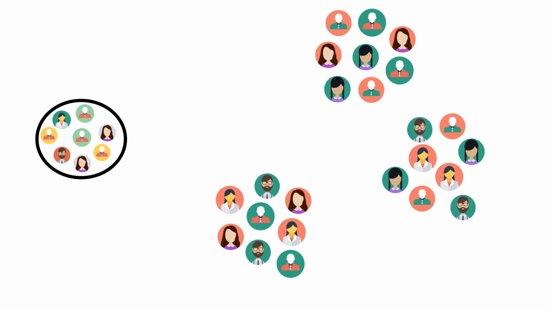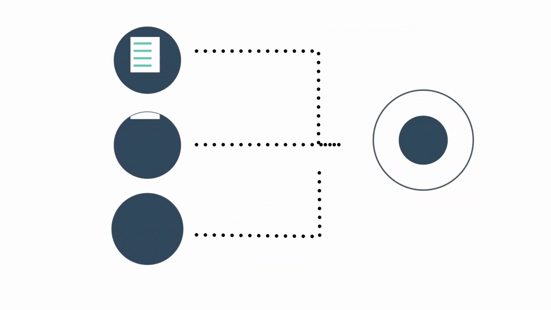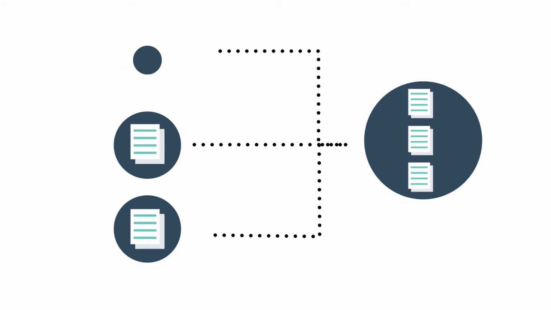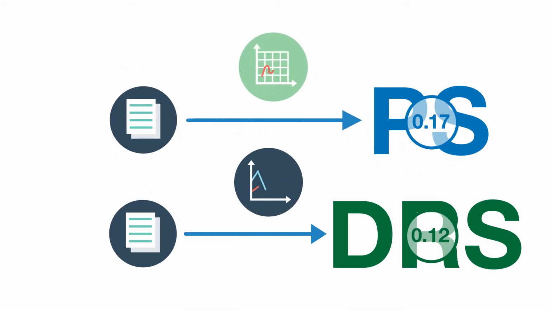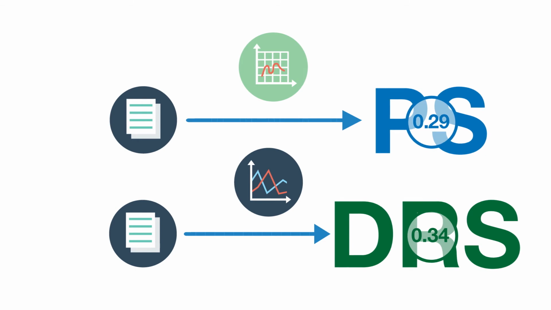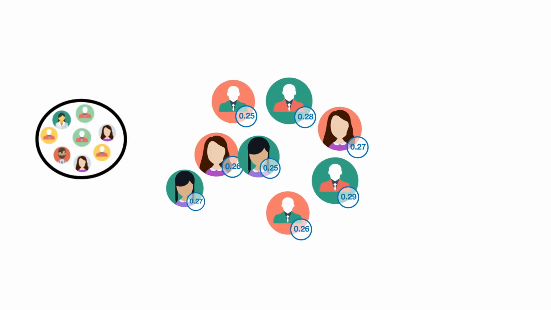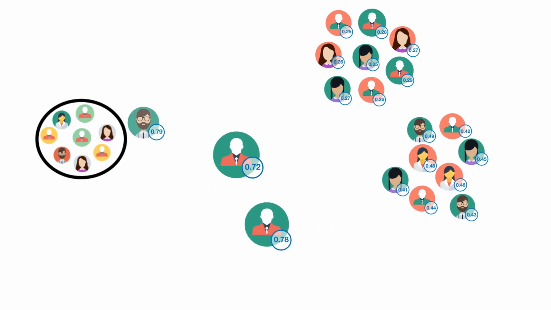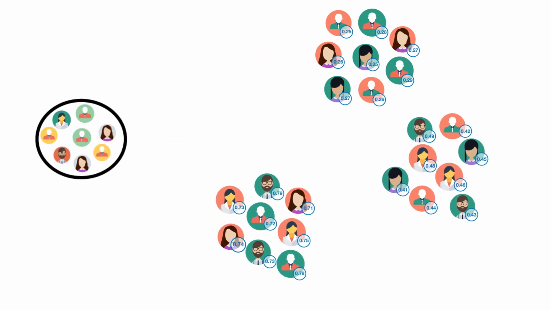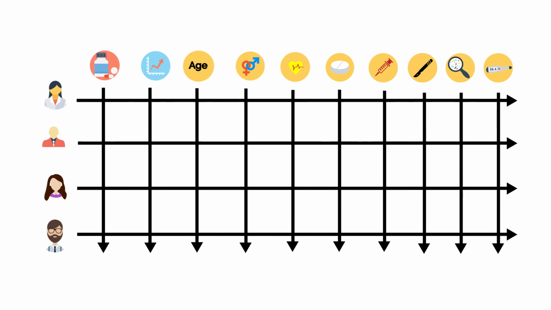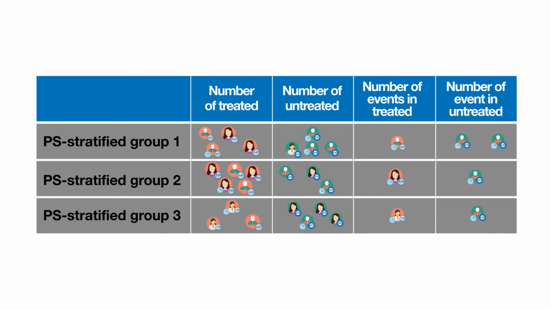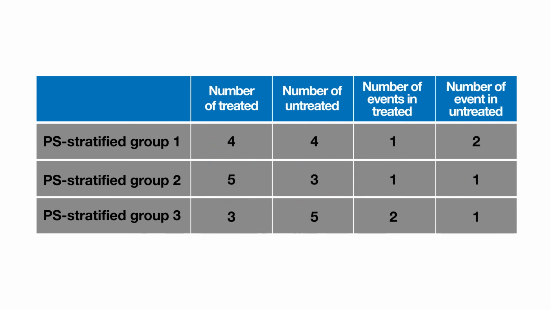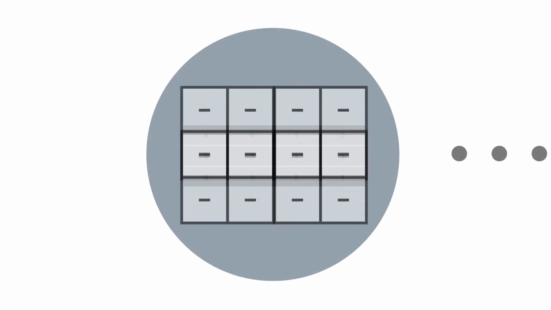To perform propensity score or disease risk score stratification, each organization estimates the propensity score or disease risk score for their patients in the study, then groups or stratifies these patients based on their estimated propensity scores or disease risk scores. The organization then sends to the analysis center a data set that only includes the number of treated and untreated patients, or their total follow-up time in the study, and the number of outcome events in the treated and untreated subgroups.